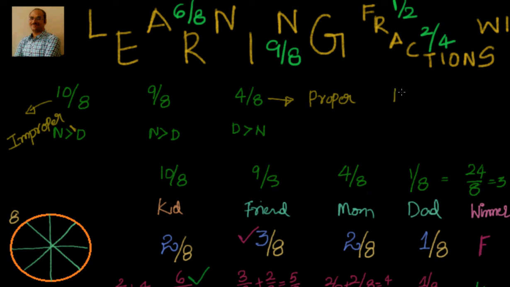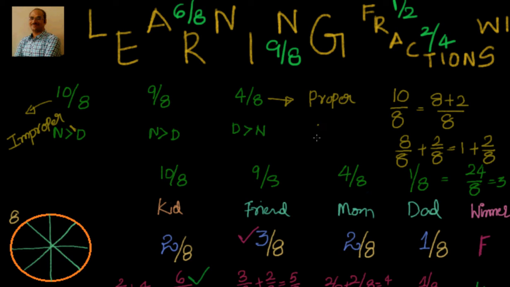You can see 10 by 8. You know that out of 8 you are taking 10. You can take max 8. That means you are going to the next one. This is nothing but equal to 8 by 8 plus 2 by 8, or 1 plus 2 by 8, also written as 1, 2 by 8.